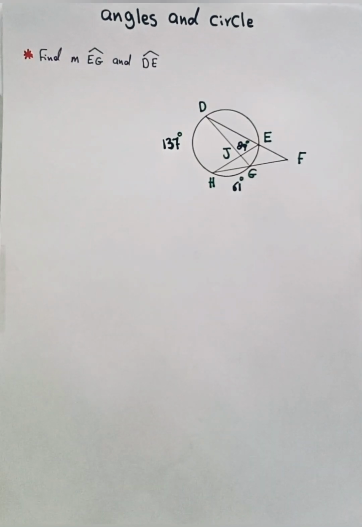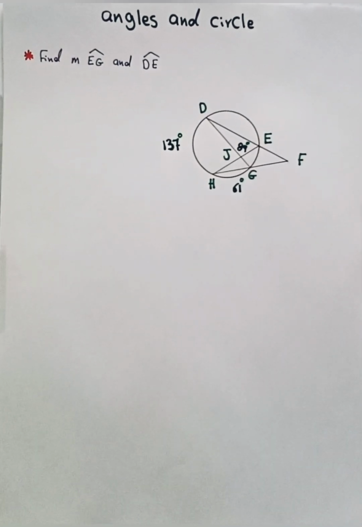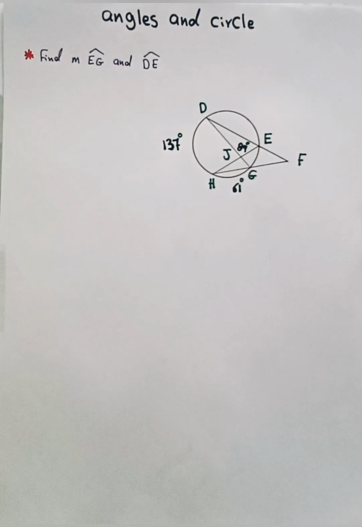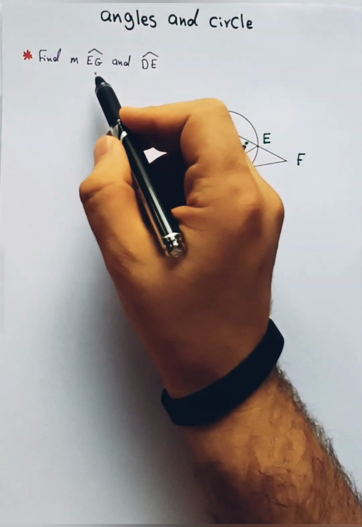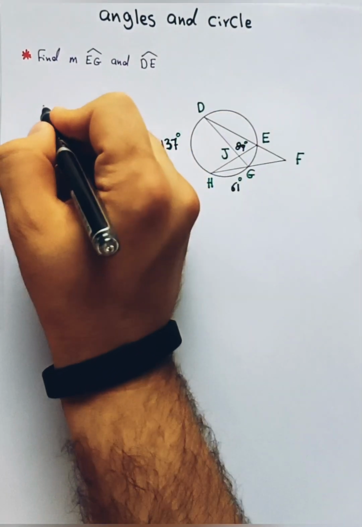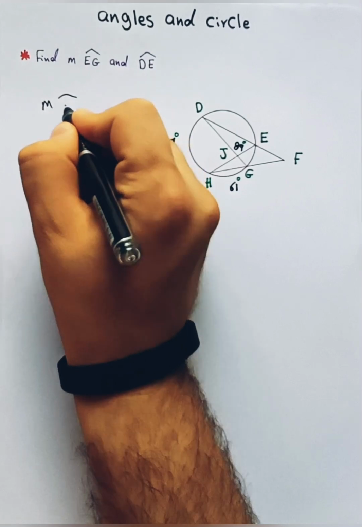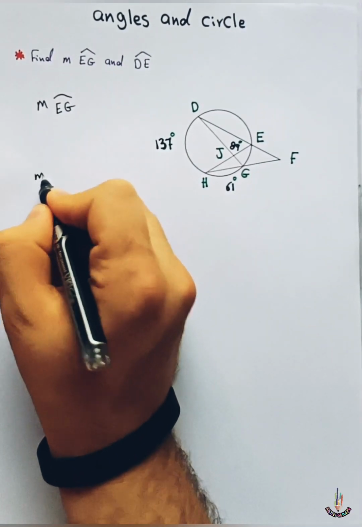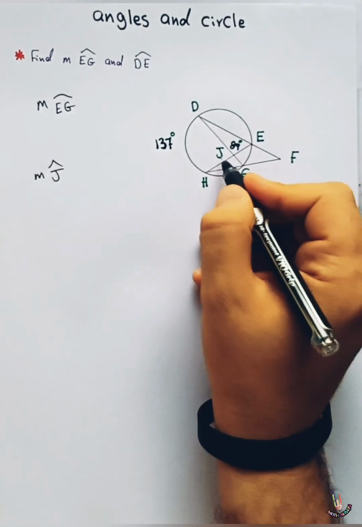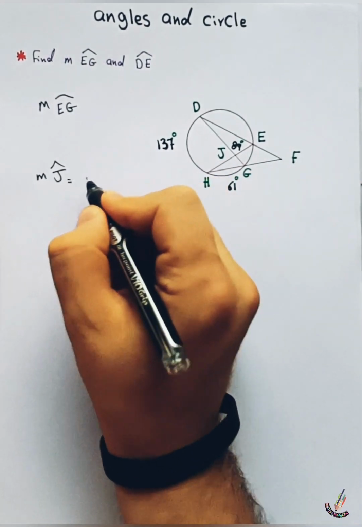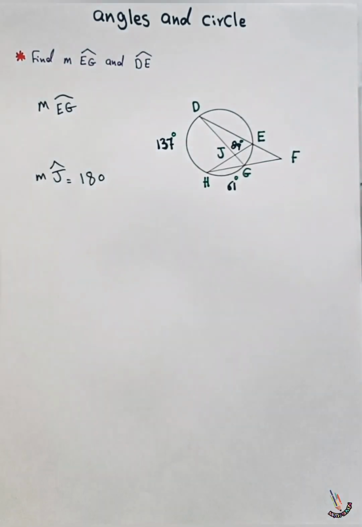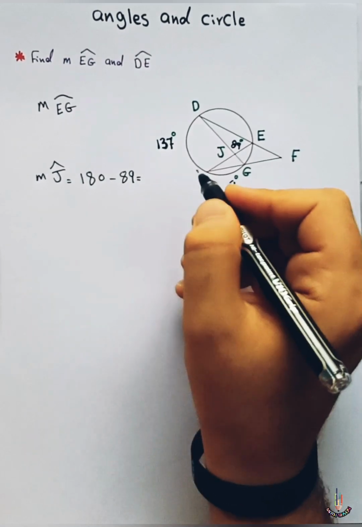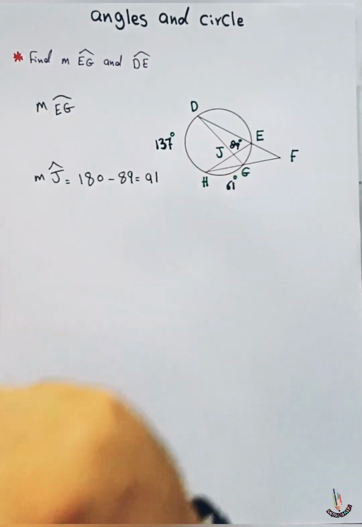After that, in this example, you have to find the measure of EG and DE. First, I'm going to start from finding the measure of EG. So first, the measure of angle J is equal to 180 minus 89 equal to 91.